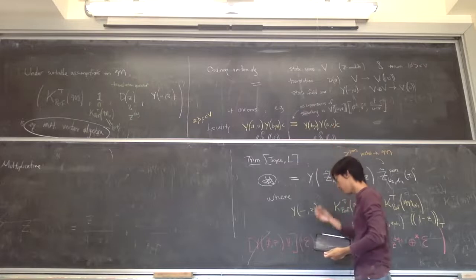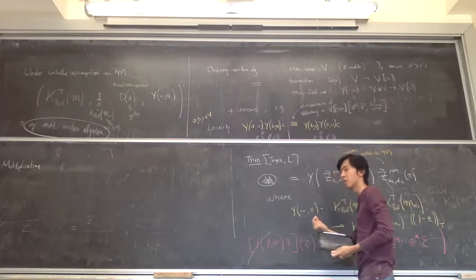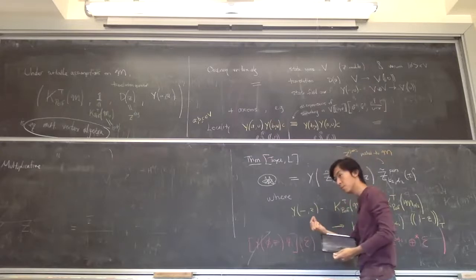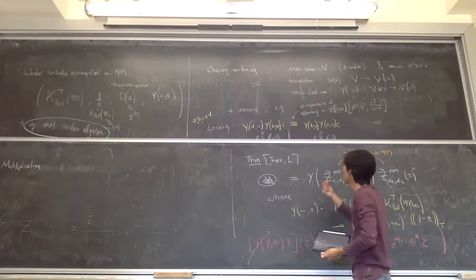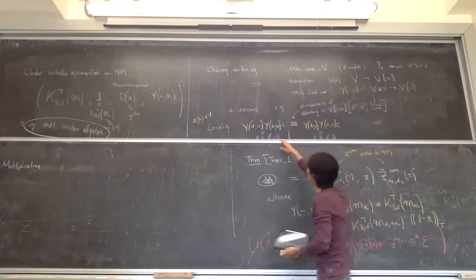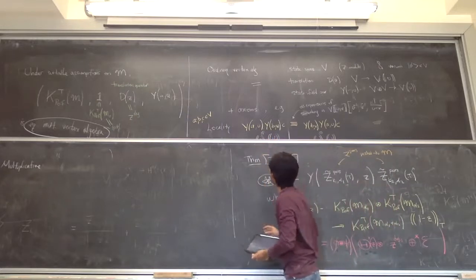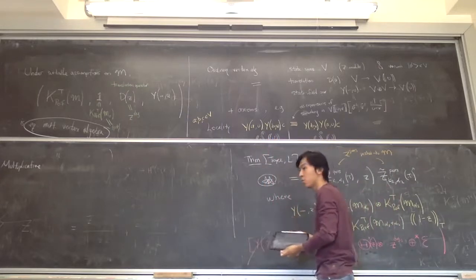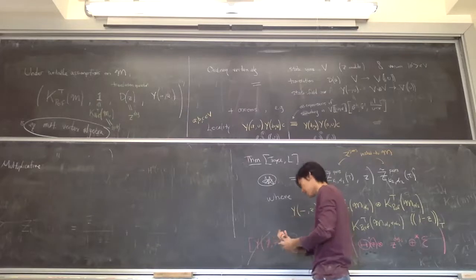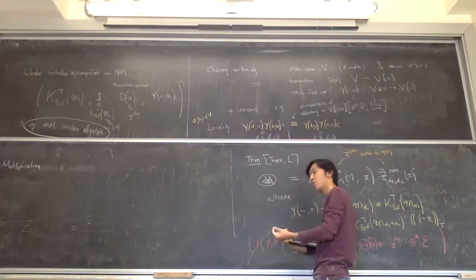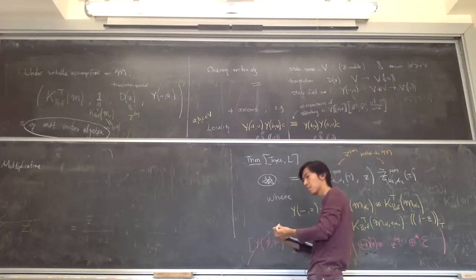You can view u as just some coordinate on the complex plane, and you have some operator which sits at u and moves around. Asking what is Y of A u, Y of B v is like asking what happens if you have an operator at u and an operator at v and you move them close together, so u and v become really close.